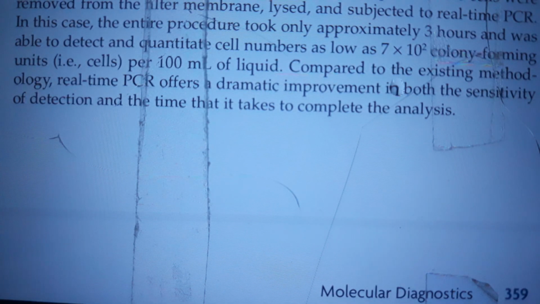In this case, the entire procedure took only 3 hours and was able to detect and quantitate cell numbers as low as 7 × 10⁻² colony-forming units, that is cells, per 100 ml of liquid. Compared to the existing methodology, real-time PCR offers a dramatic improvement in both the sensitivity of detection and the time that it takes to complete the analysis.